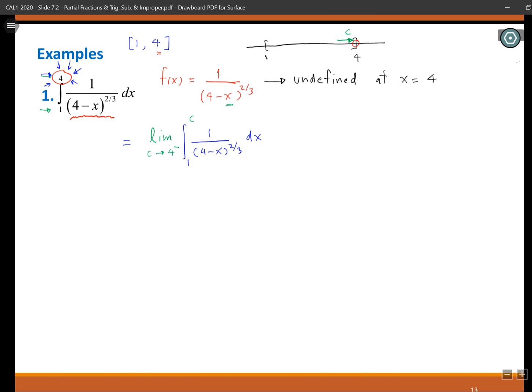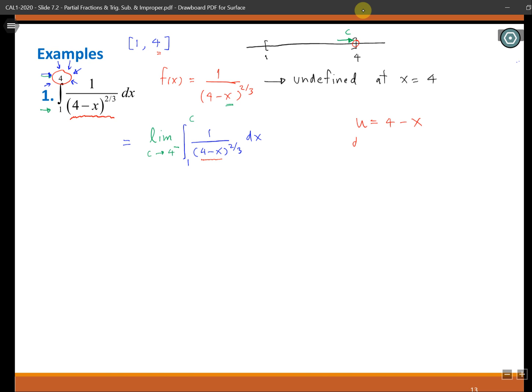Looking at this, the first technique I'm going to try is, as I said, the most simple one, that would be substitution. Looking at this, it's a little bit complex, so why don't I use u equal to 4 minus x? I want to replace this term right here with u. Maybe things will get easier to work on.